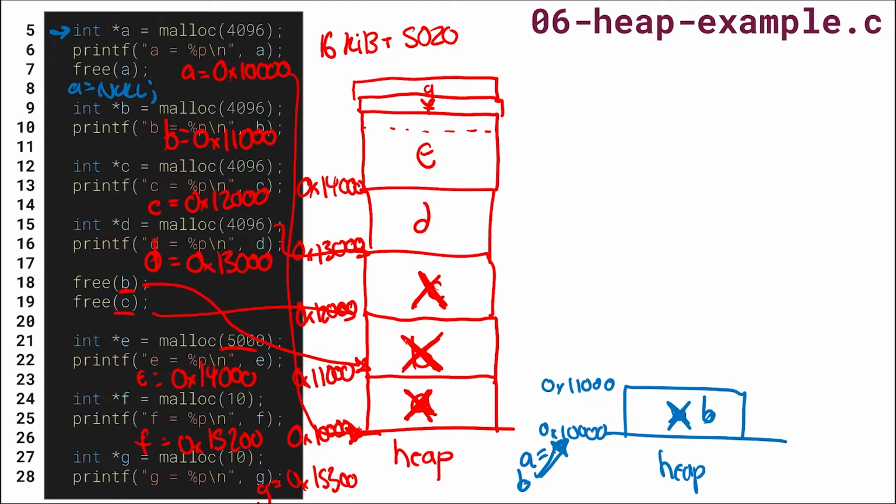Then we do allocation for C, allocation for D. So B is equal to 10,000, C is equal to 11,000, D is equal to 12,000. No memory that we can free up.